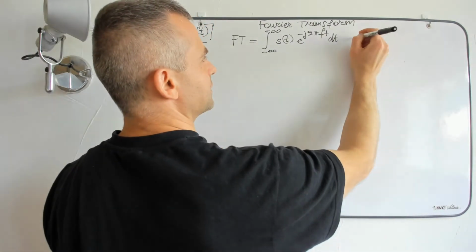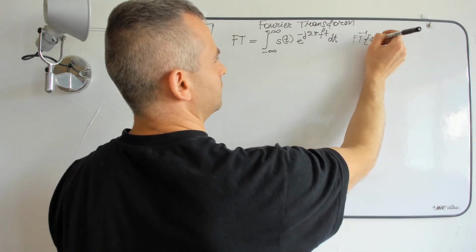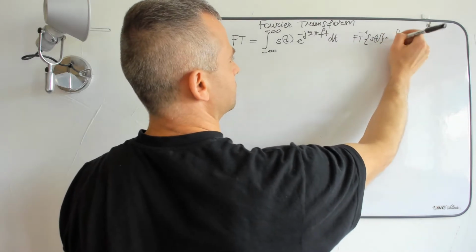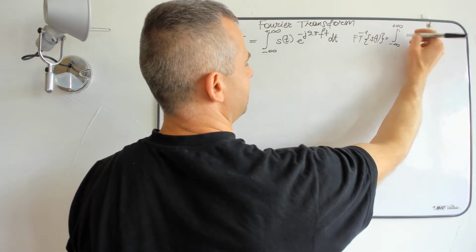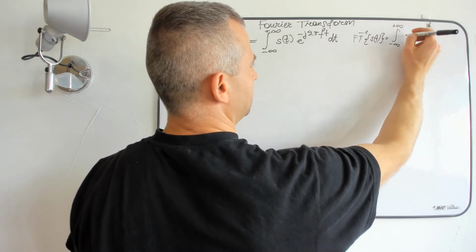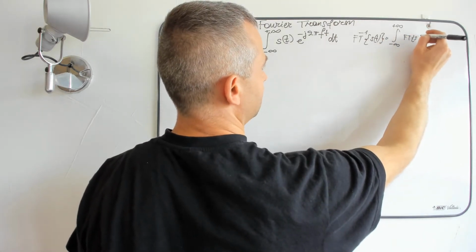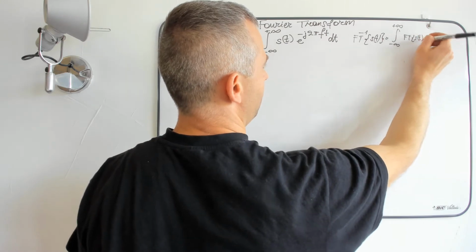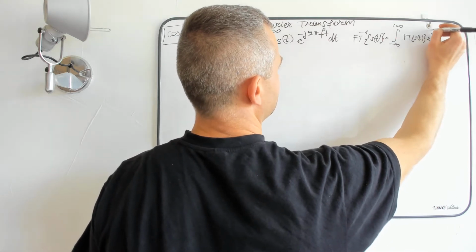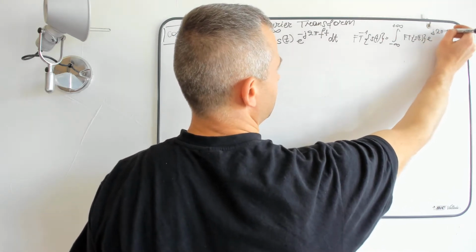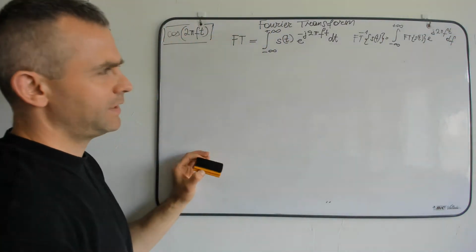the inverse of Fourier transform FT^-1 of a signal S is equal to the integral from minus infinity to plus infinity of the Fourier transform of the signal S(f), times exponential of j 2 pi f t, df.